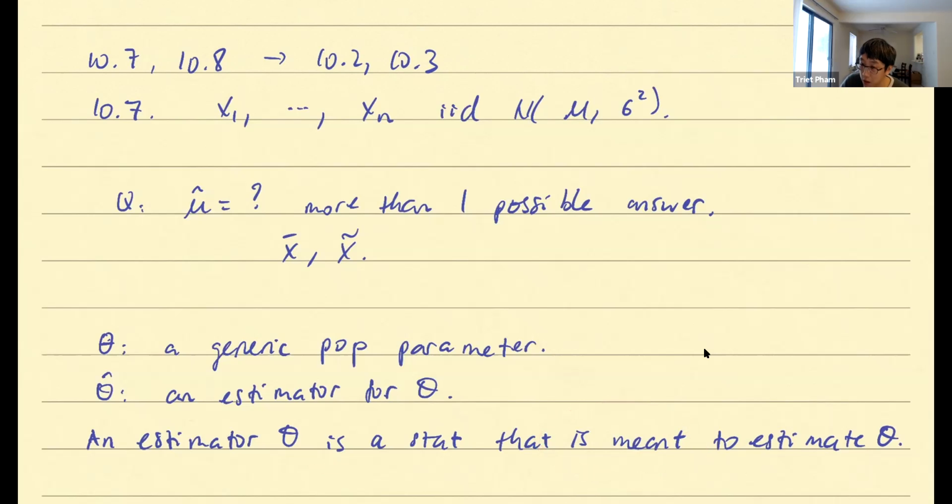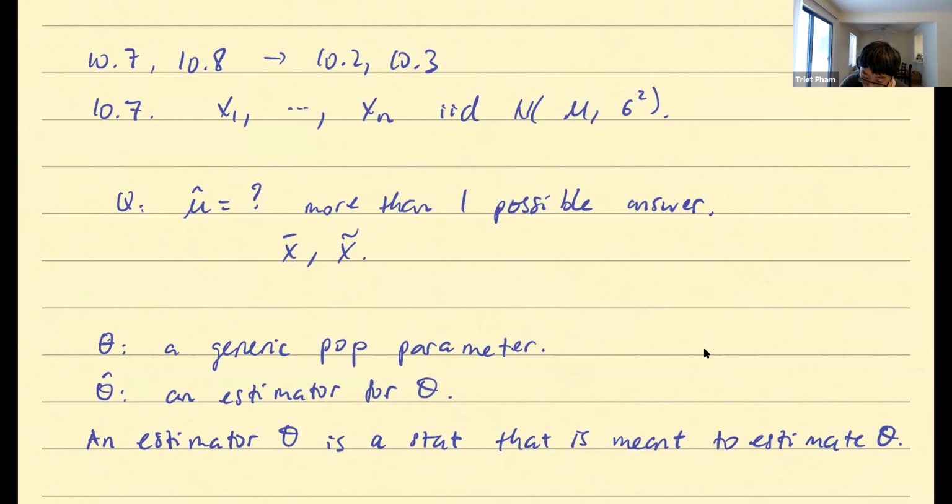So the emphasis is this. I don't know if most students expect this, but when you look at an estimator, you kind of expect that there's only one, or this is the one, meaning there's no other choice. The point is that you can come up with anything and you can claim that this is your estimator for theta.